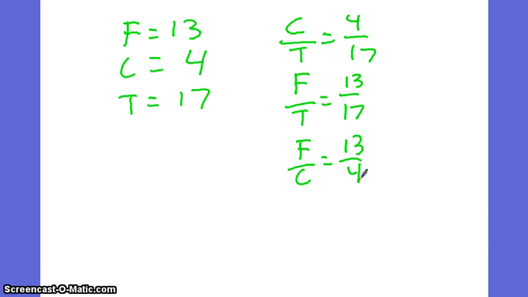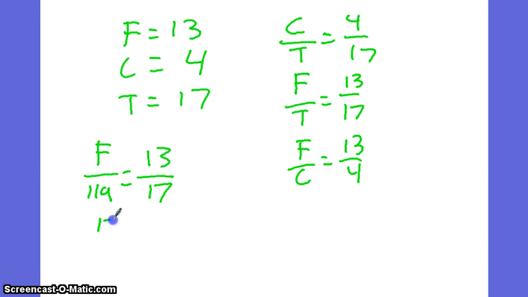Okay? So far, so good. Now the question is, there are 119 fish and crabs in the sea cave. How many were fish? Which one do I need? I need that second one again, because I'm looking at fish compared to my total, which is 119. So fish to 119 equals 13 to 17.